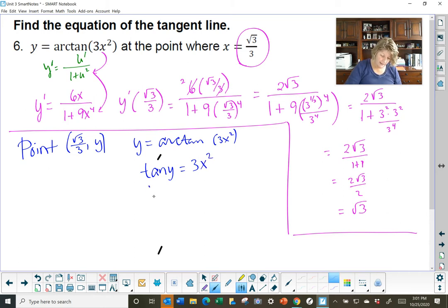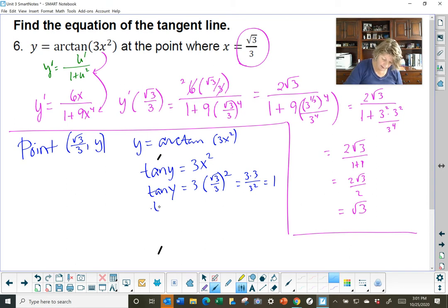If I plug in the root 3 over 3 quantity squared, I'm going to get 3 over 3 squared. So I'd have 3 times 3 over 3. I'd have a 3 times a 3 over a 3 squared, which is going to turn out to be simply 1.